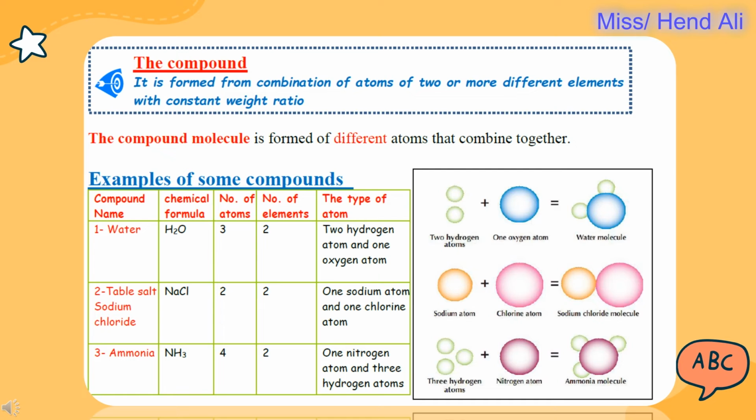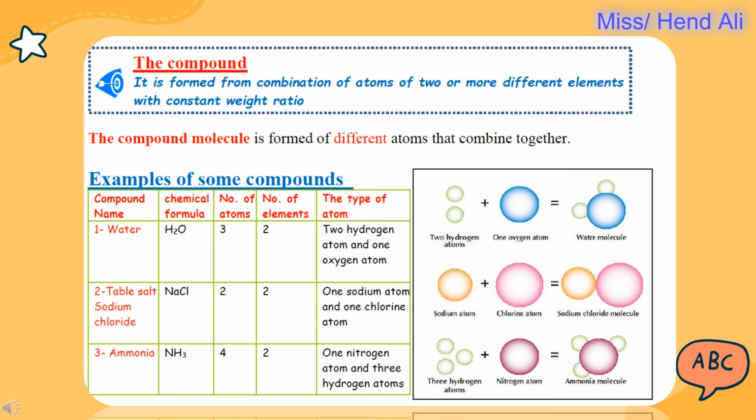Okay, let's have some examples for some compounds. You have to notice that the compound molecule is formed of different atoms that combine together. Like what? Compound like water. Water is a compound. Its chemical formula is H2O. The number of atoms is 3, but the number of elements is 2.